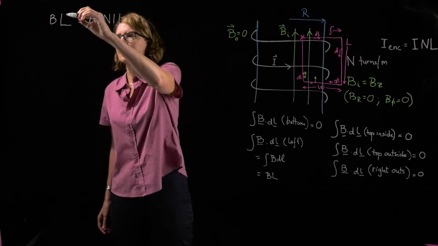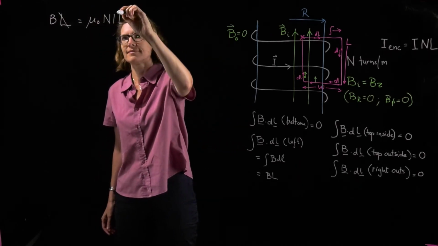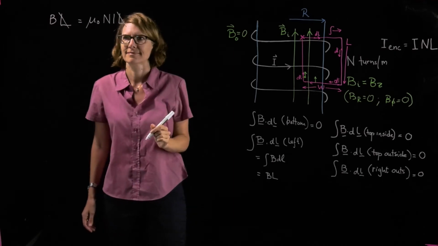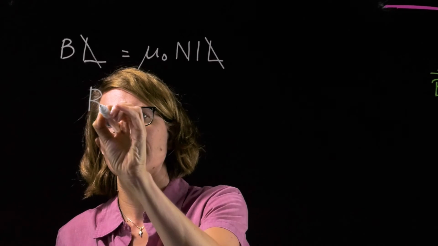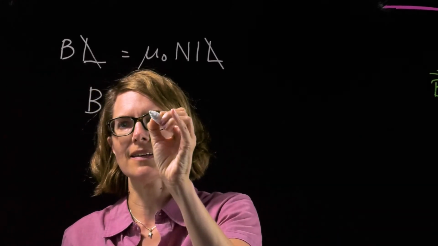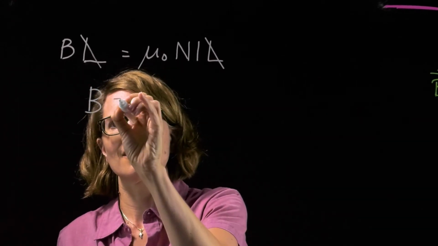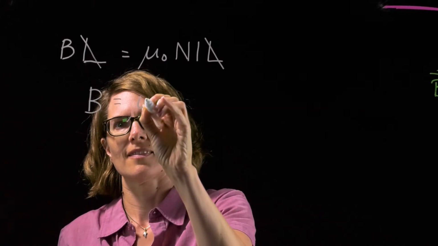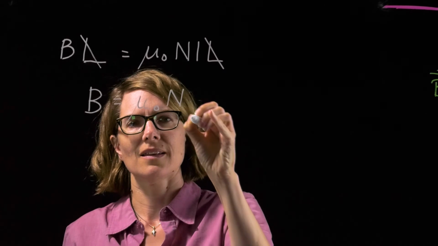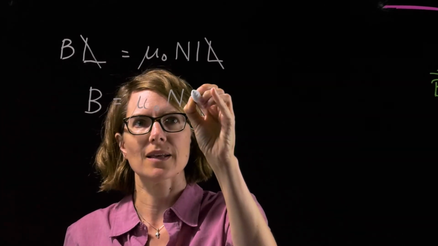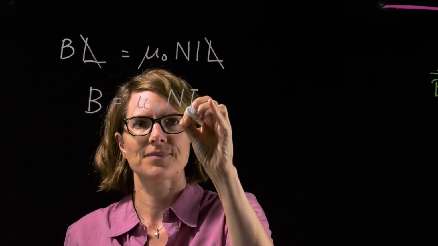We'll cancel out the L's. So that gives us a magnetic field flux density of N, the number of turns per meter, times current.